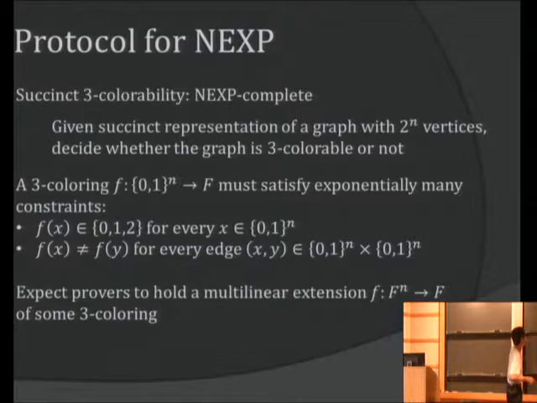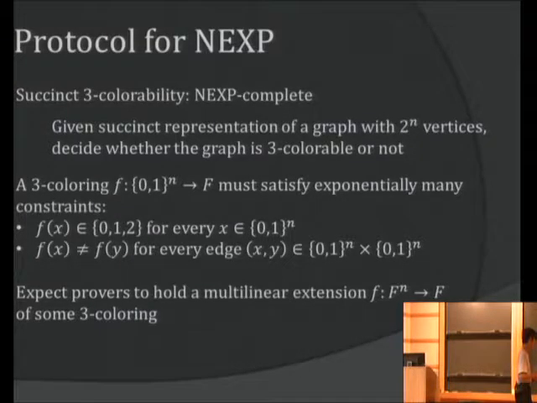But before that, if we have proved this, we can indeed construct a protocol for non-deterministic exponential time in almost the same way as what Babai, Fortnow, and Lund did. So we take some NEXP-complete language, and we describe the constraints on the solution to this problem by using exponentially many constraints.